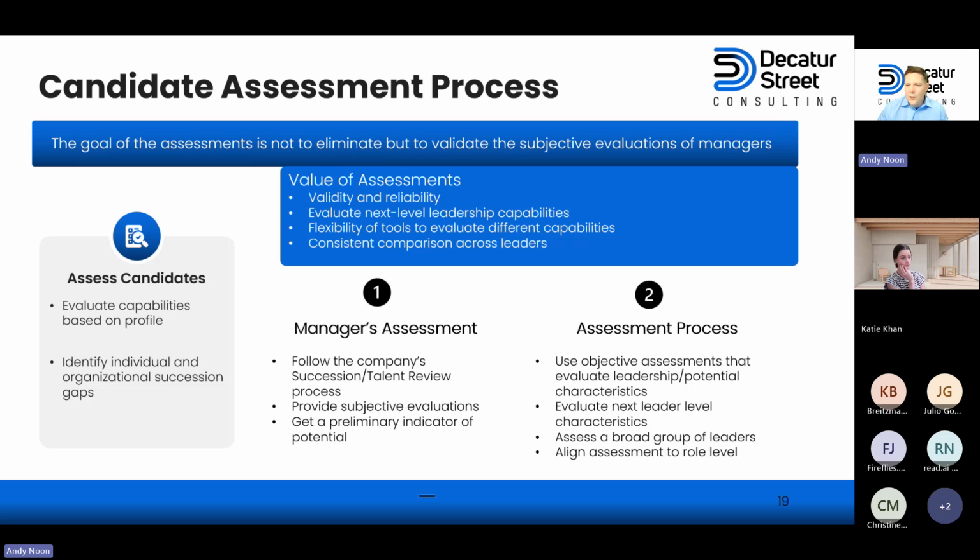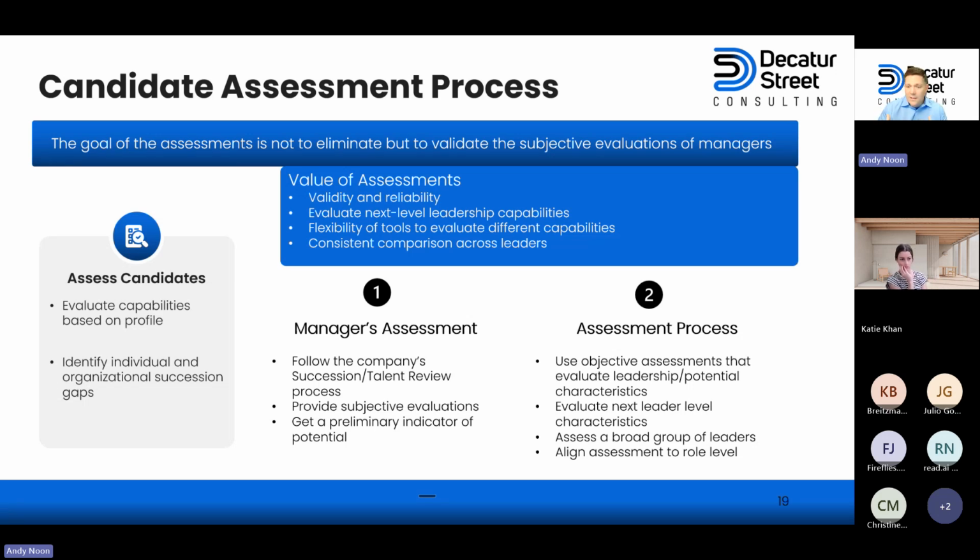So you would want to use objective assessments that evaluate leadership or potential characteristics, evaluate the next level leadership behaviors. I always encourage leaders, because the first part is somewhat subjective, so the manager assessment, I encourage organizations to broaden their assessment usage.